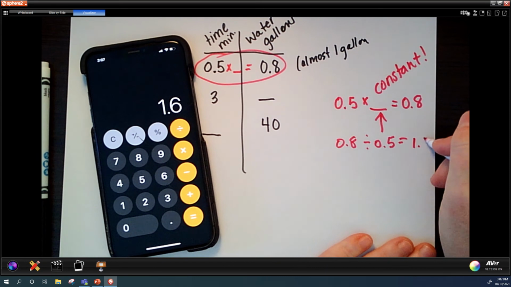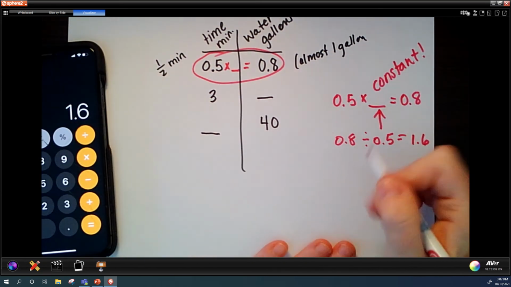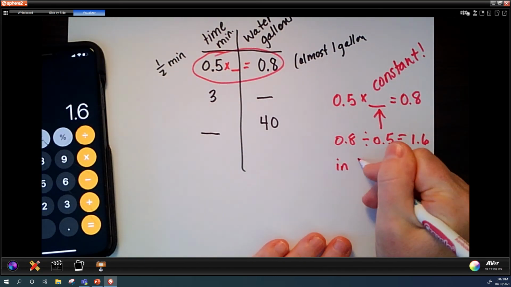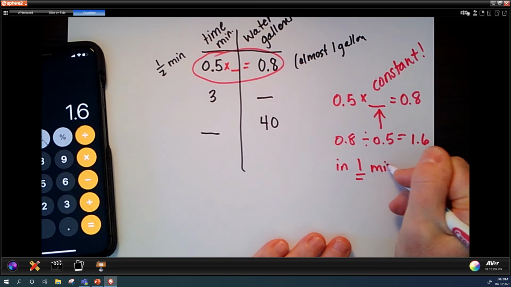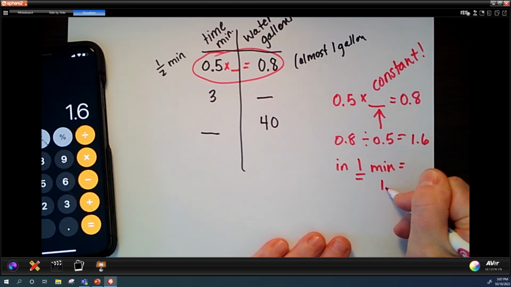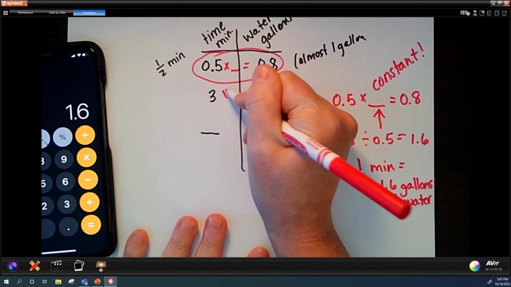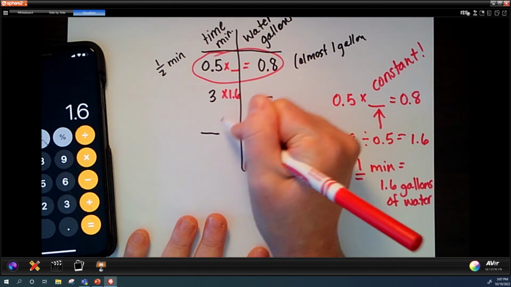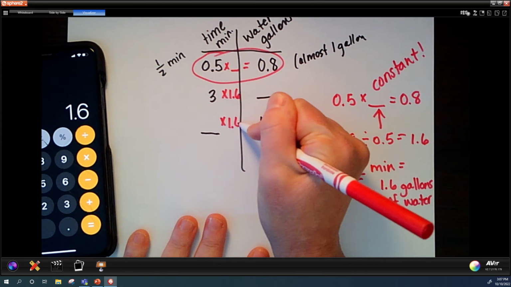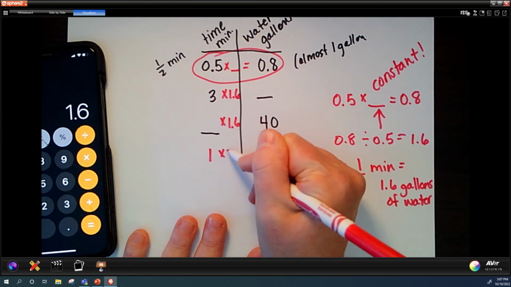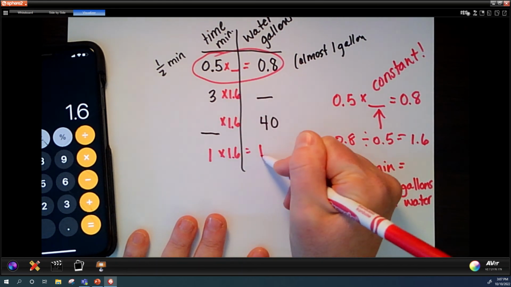It's 1.6. So she can fill up 1.6 gallons of water in 1 minute. So that's our constant. 1.6. 1 times 1.6 is equal to 1.6.